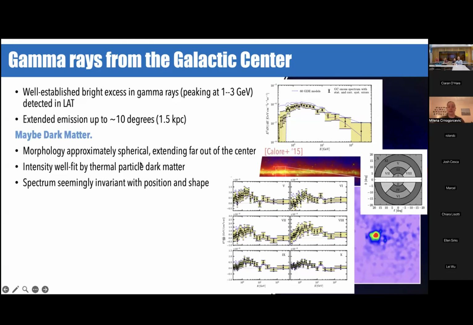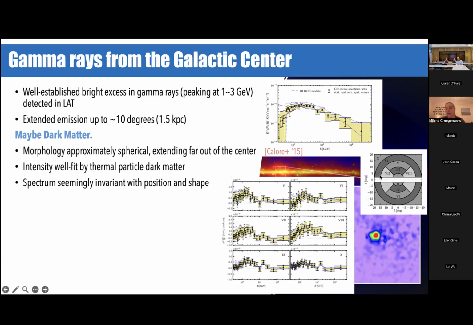The reason to believe that the galactic center excess could be accounted for by dark matter annihilation is, one, the morphology is approximately spherical and it extends far out of the center. So here these plots show the spectra of the galactic center excess, and we see that this intensity can be well fitted by a dark matter particle, but also we see that the spectrum seemingly doesn't change with the position and shape.